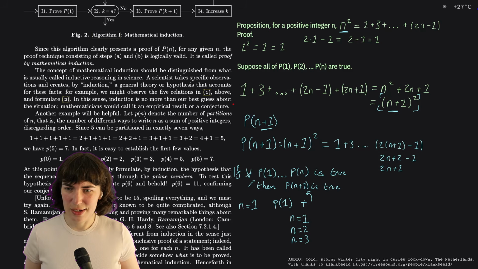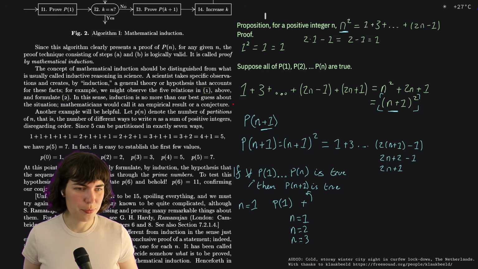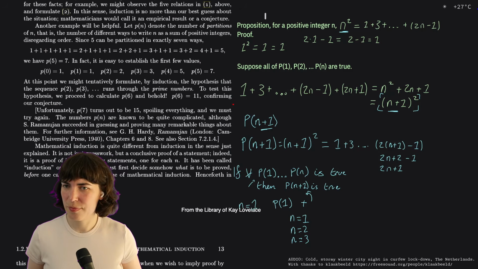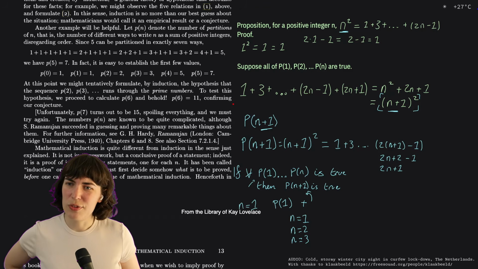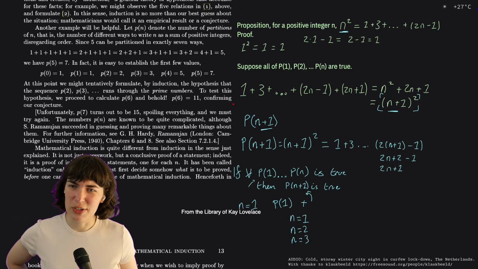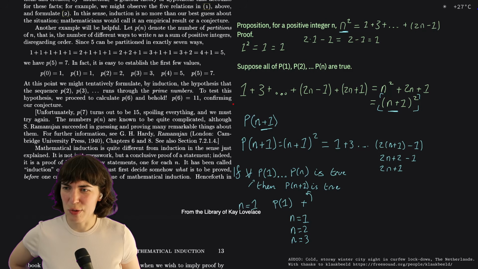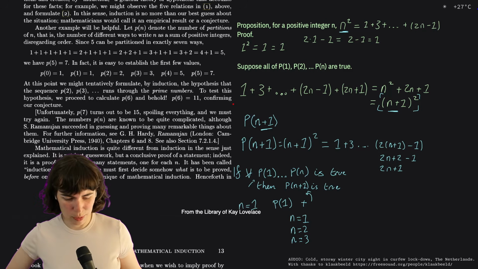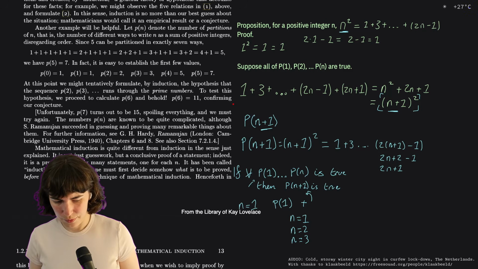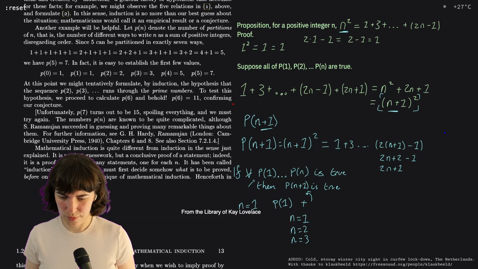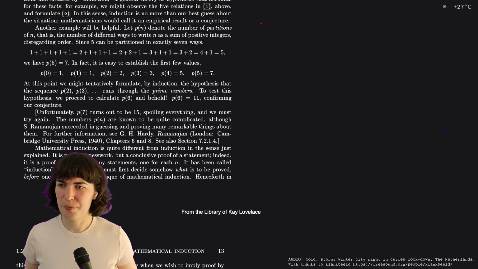Let Pn denote the number of partitions of n. That is the number of different ways to write n as a sum of positive integers, disregarding order. Since 5 can be partitioned in exactly 7 ways, I'm probably going to need some room here.